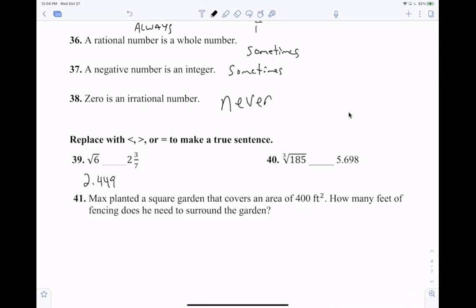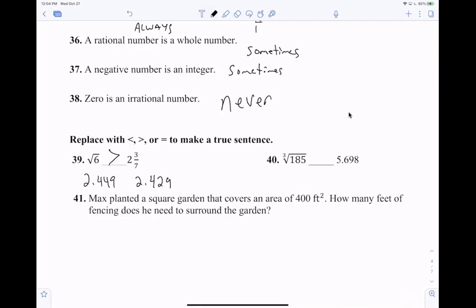And then I want you to convert 3/7 to a decimal. 2.428 or 429. Okay, so now what's true? The square root of 6 is greater than 3/7. That is correct.